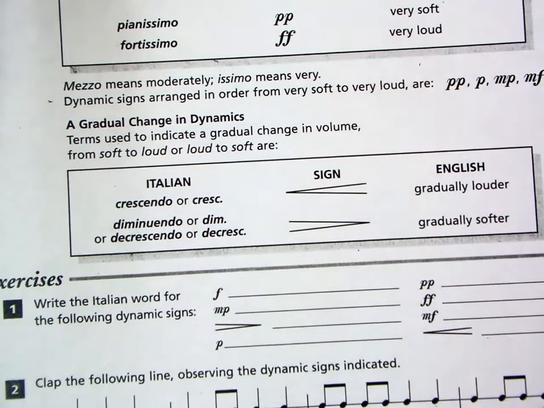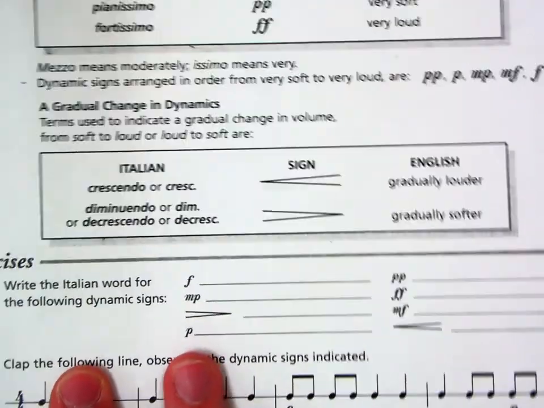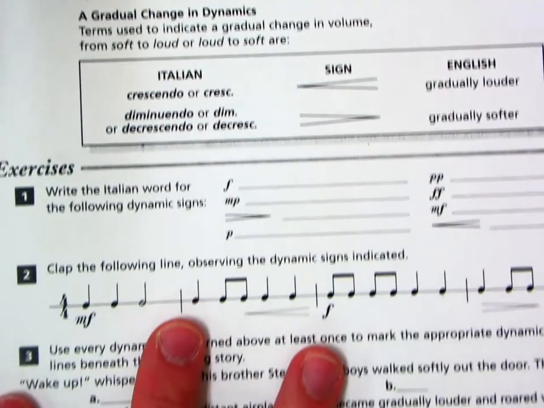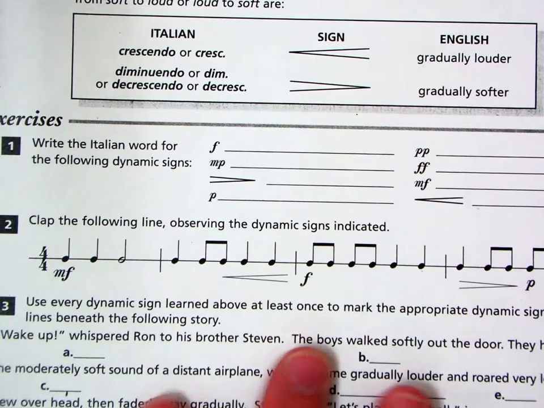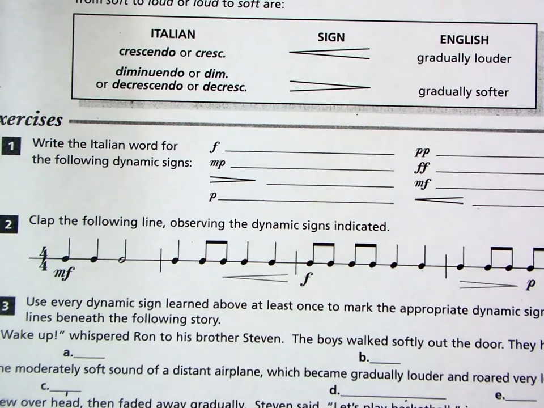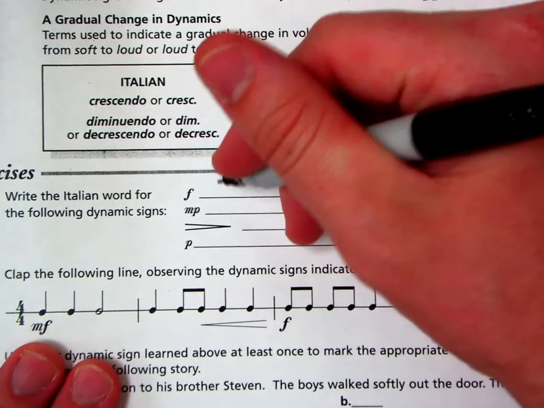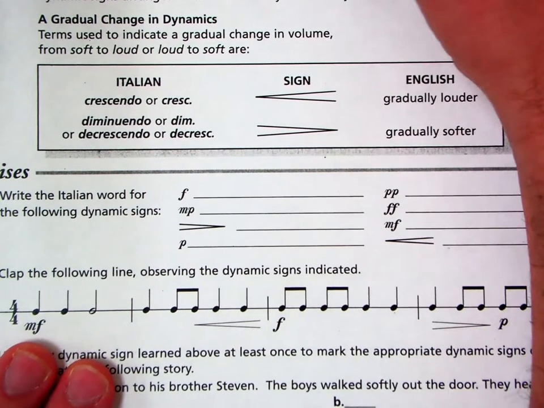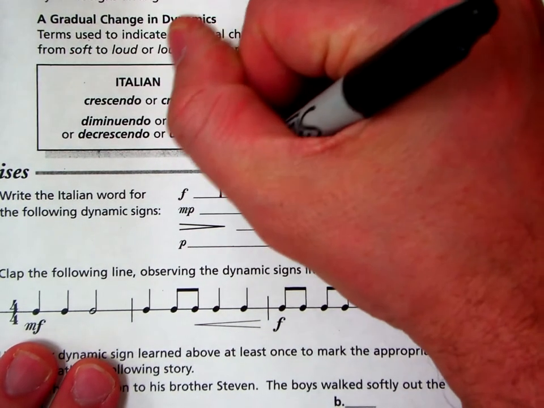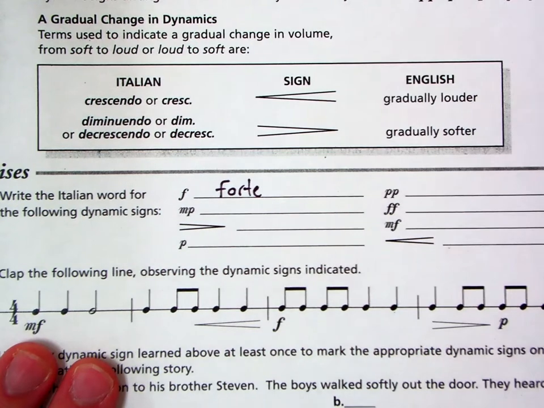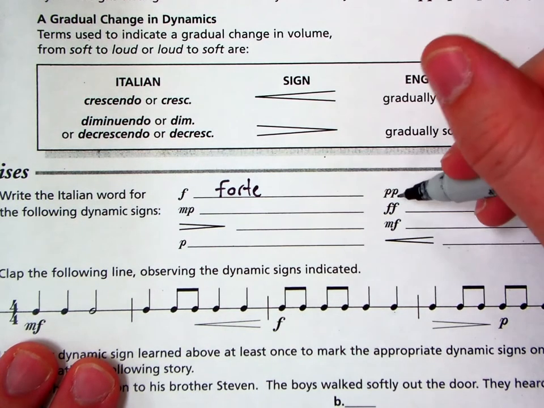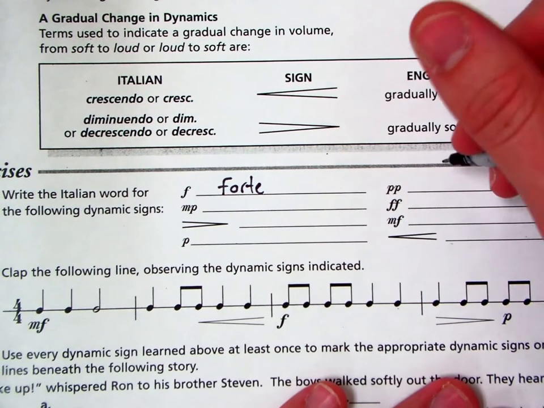All right, here are the exercises for this unit. If you want to pause your video for a second, complete them, then we'll go through them together. Okay, question 1 says to write the Italian word for the following dynamic signs. So we have this F, and it wants the Italian word, so that means we could go back and say that is forte. All right, double P. Right, so that means very soft.